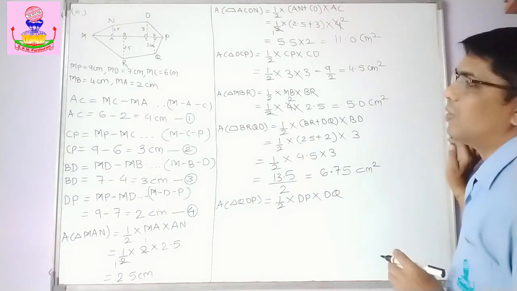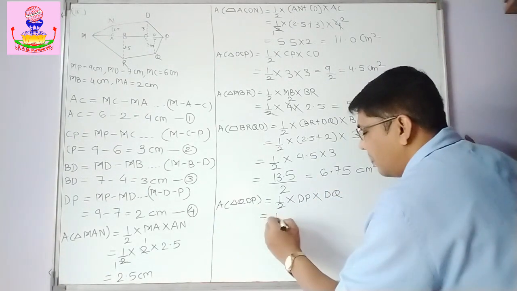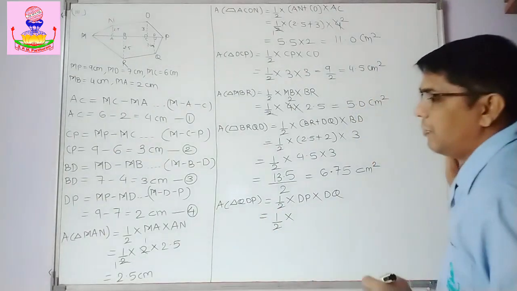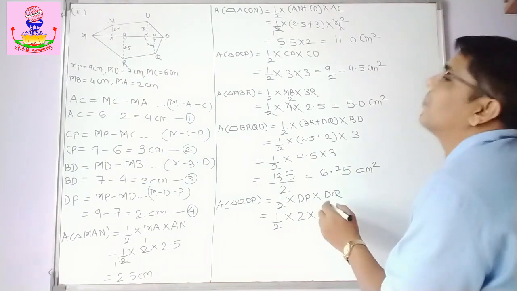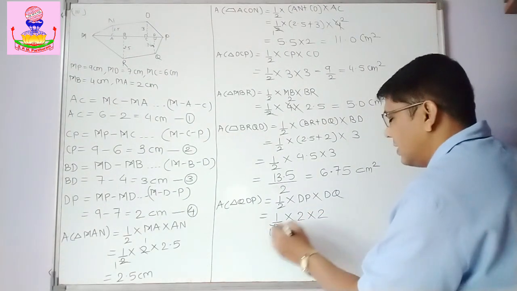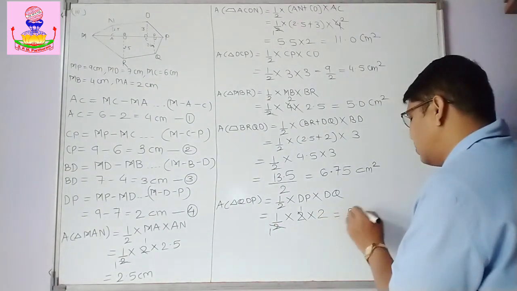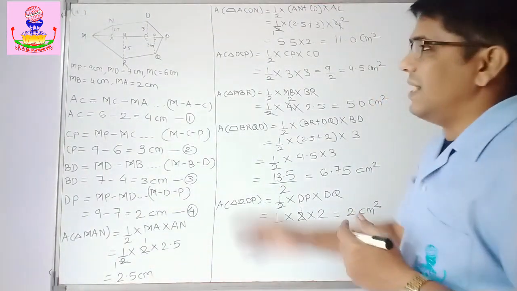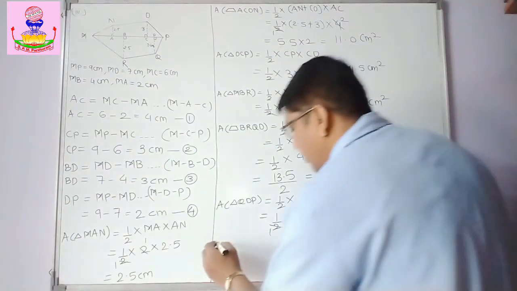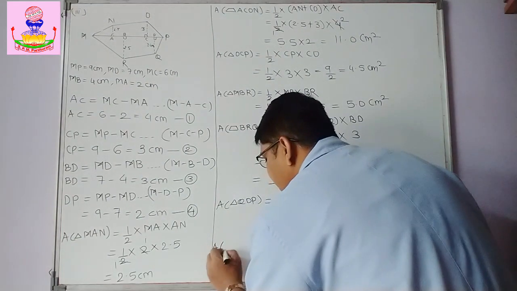Height is what? DQ. Now, what is the base length? DP. Have we determined? Yes, 2. What is DQ? 2. Right? So 2 ones are 2 and the half is gone, so 2 centimeter square. Now can we find out? Yes, now we can find out area of polygon.